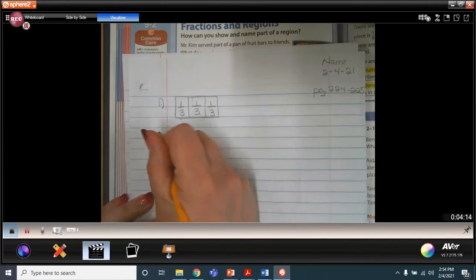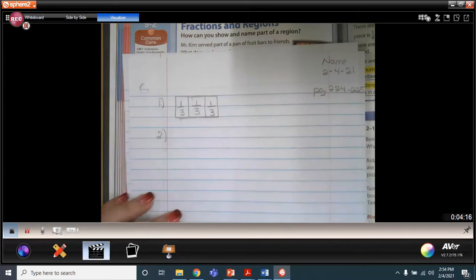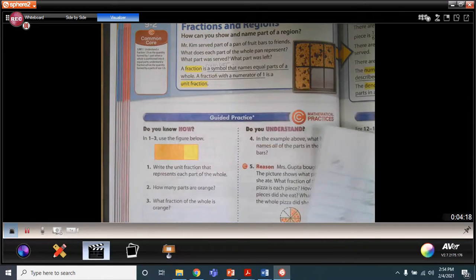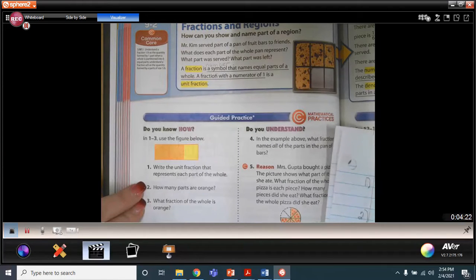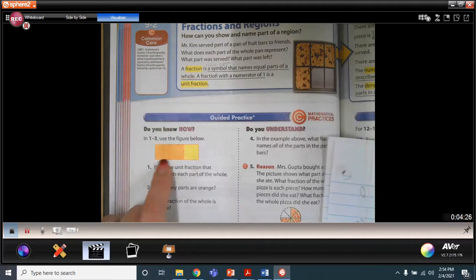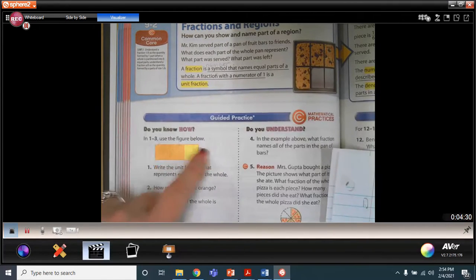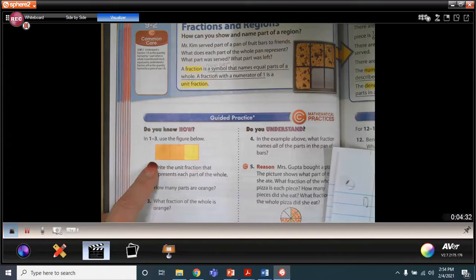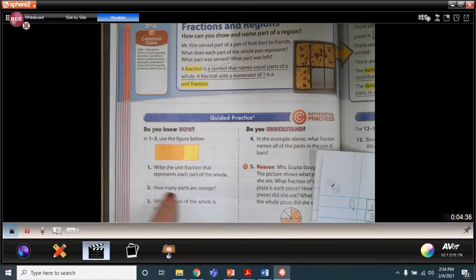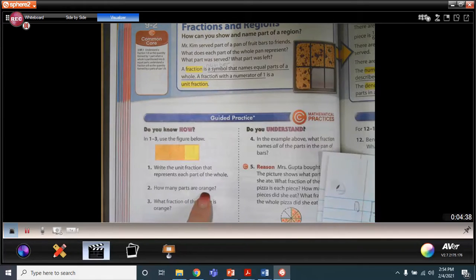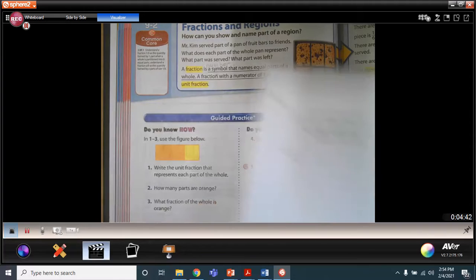Number 2 asks us, and actually 2 and 3 kind of go together. How many parts are orange? Now, notice it's only asking us about these orange pieces. But remember, the whole is 3 pieces. So our denominator is 3, but the parts that they're asking us to count are orange. So how many parts are orange?